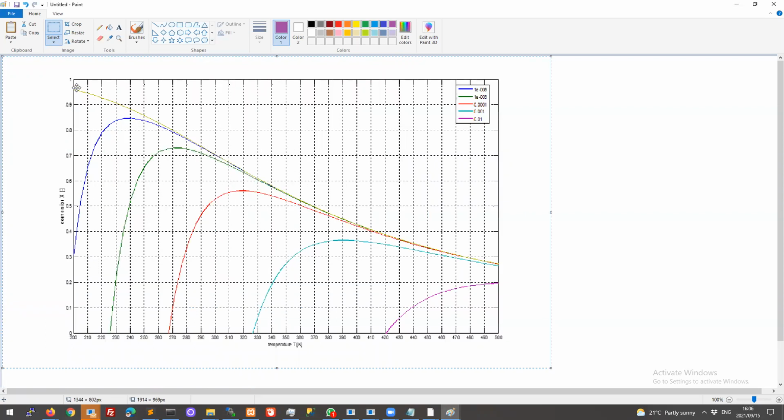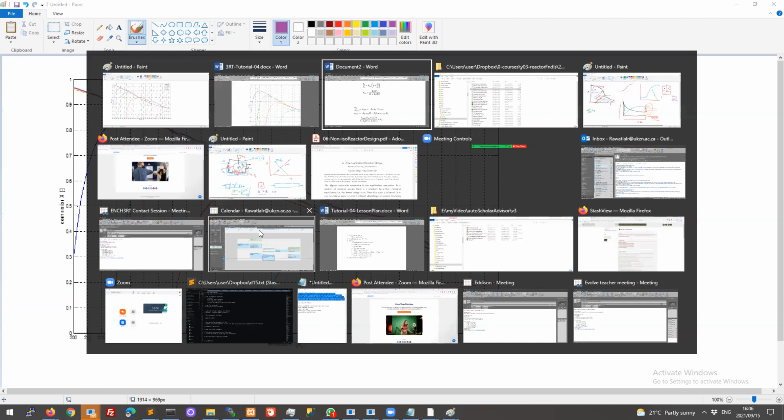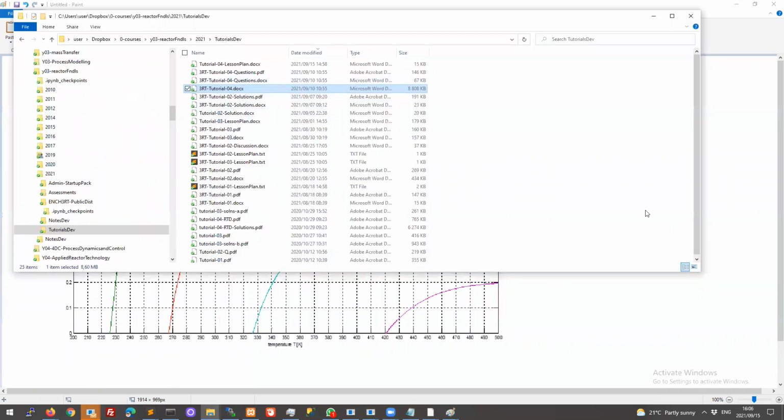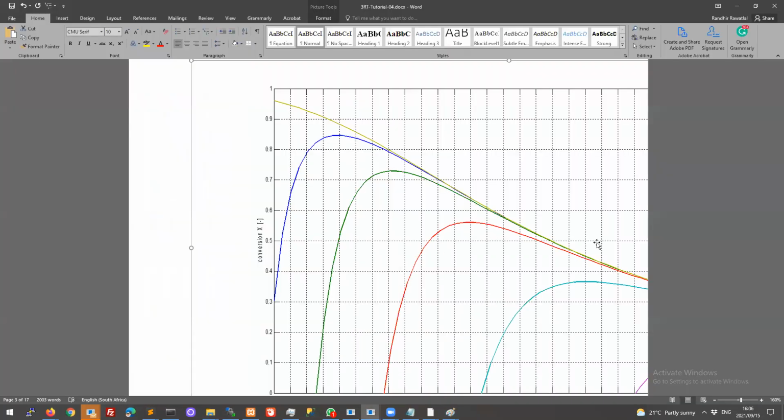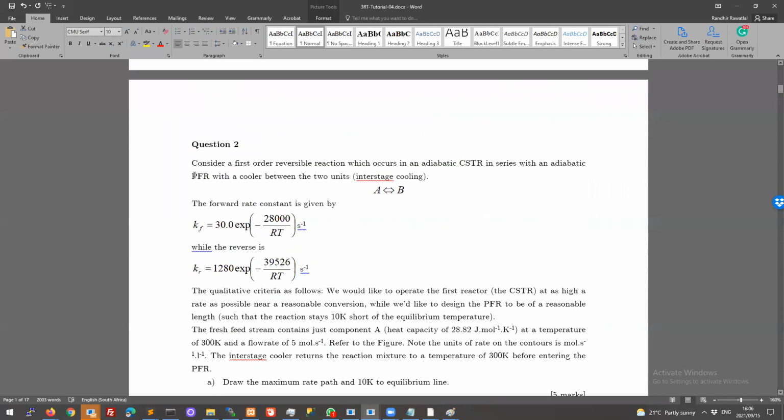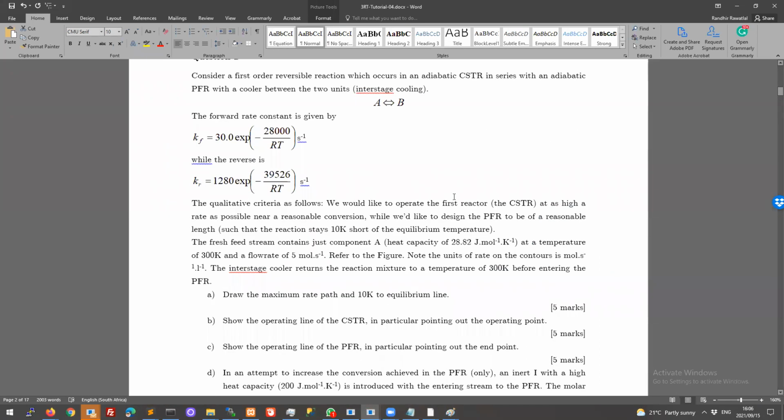And now, of course, this is the equilibrium line here. So this is the region that we want to avoid. And in this problem, let's look at this question in the tutorial. In this question, we are told that we have a CSTR in series with a PFR and so on.